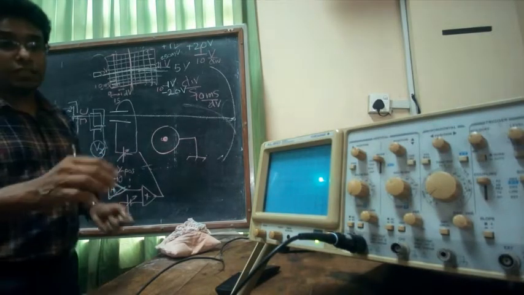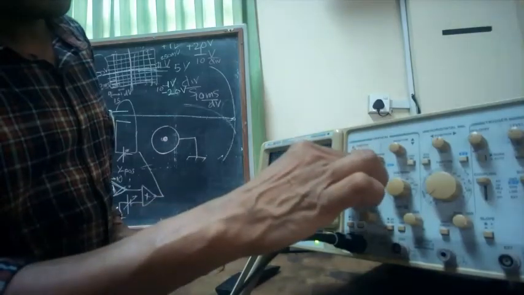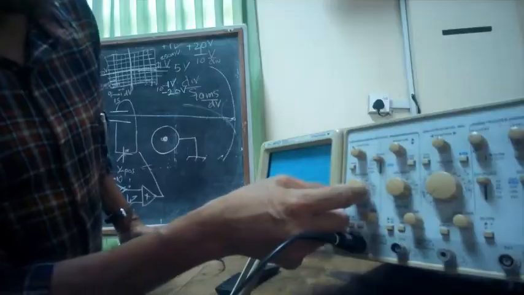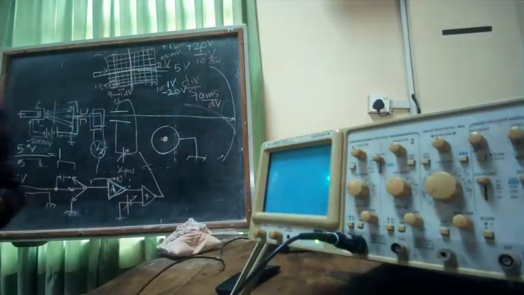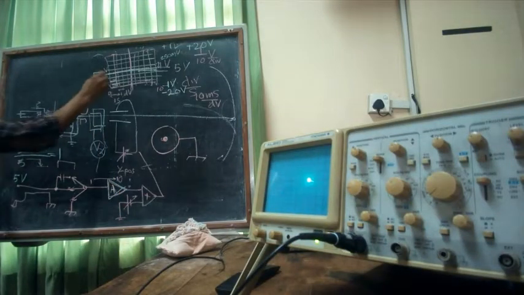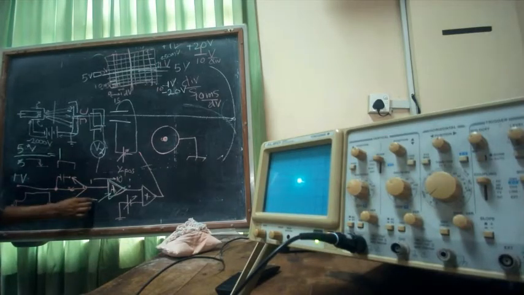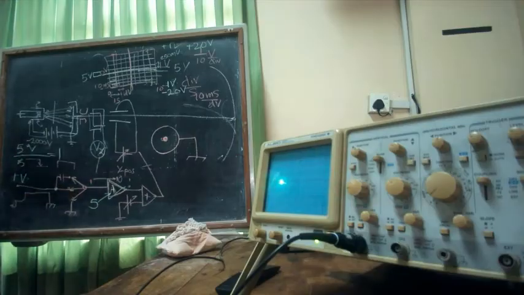If I change this to 0.1, right? So right now I have 1 volts per division. Now this is still 5 volts. So when I apply 1 volt, now output is 5. So what is the gain? Gain now is 5, right? Clear?